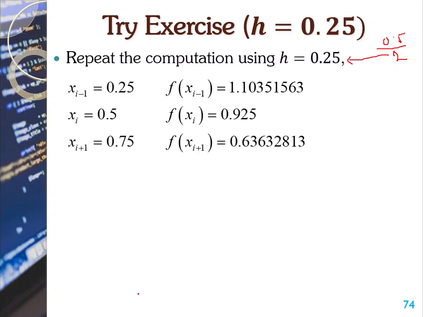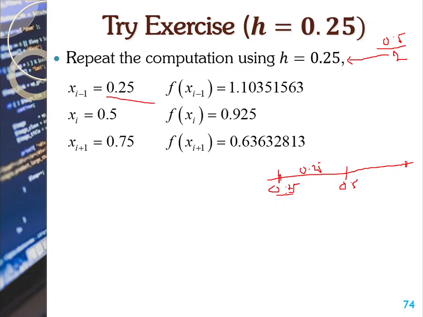With our current value of 0.5, to get our past value, it is going to be 0.5 minus our step size, which is now 0.25, and that gives us our backwards value of 0.25.